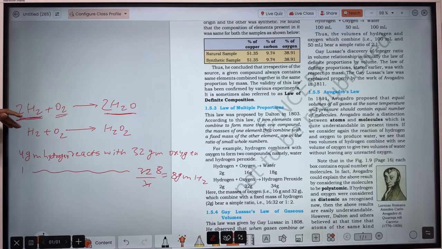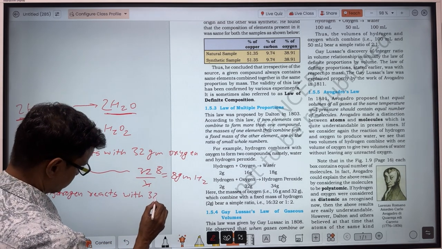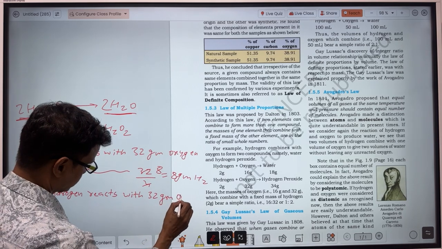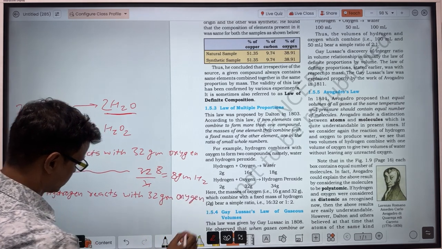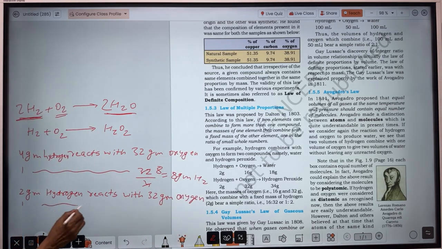Now watch this reaction. Here 2 gram hydrogen reacts with 32 gram oxygen. So 1 gram hydrogen will react with how much?